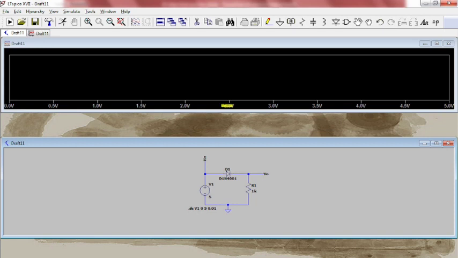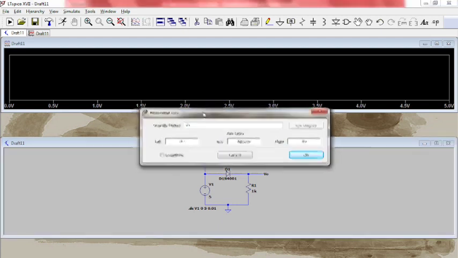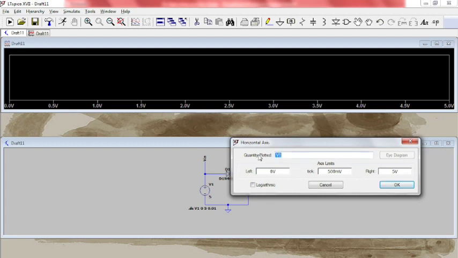For changing that parameter, bring the cursor over this x-axis part and right click, and change V1 into V of V in minus V of V naught.